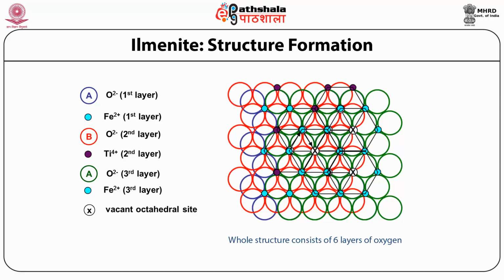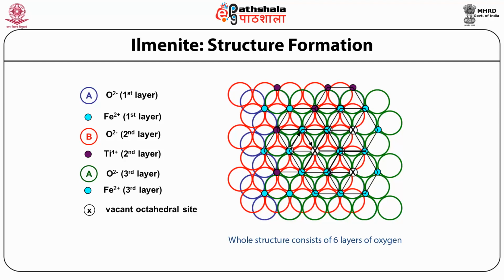You can see the example which is shown on the right hand side of the slide. In this case, the 3 atoms are iron, oxygen and titanium. In the present case, there are 3 layers, and there is a vacant octahedral site which is similar to the case we have discussed previously. Now, the A atom and the blue filled iron 2 plus form the first layer.